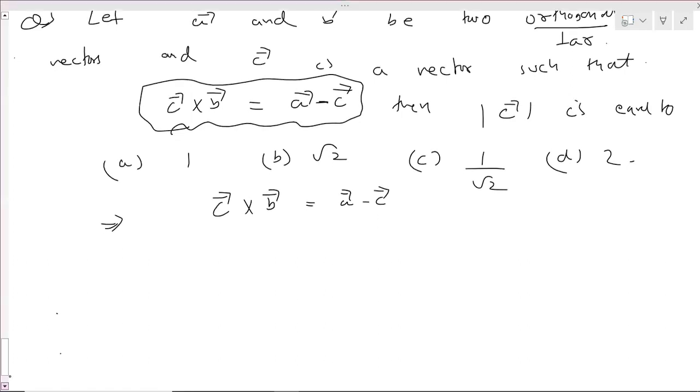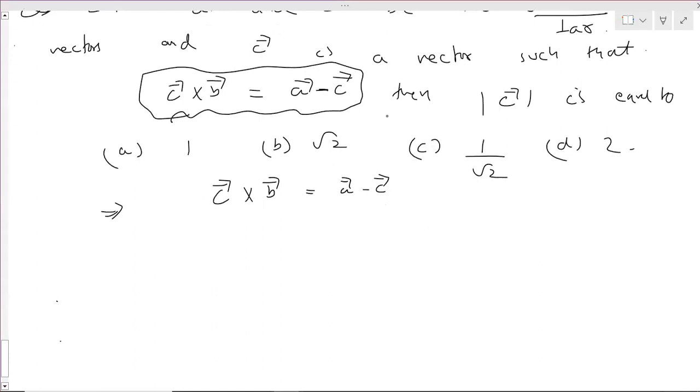All right, let's see. If I square both sides, then this will be, what will be this and this? Can anyone tell me?